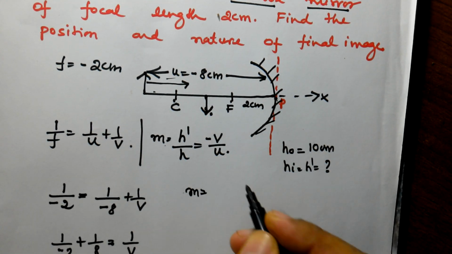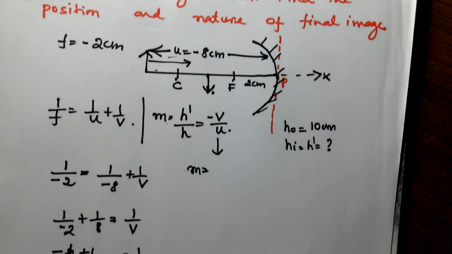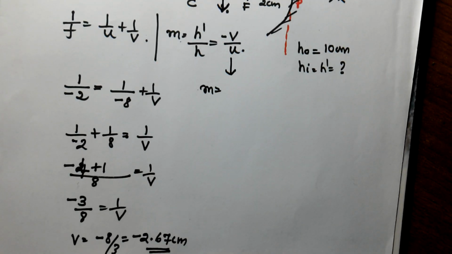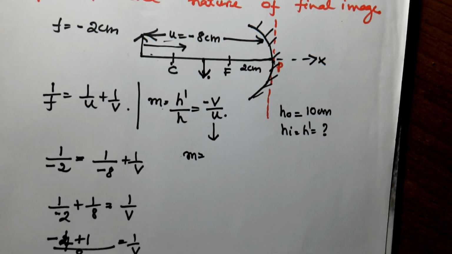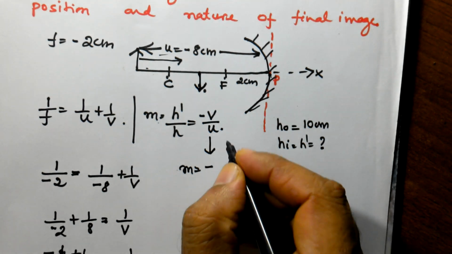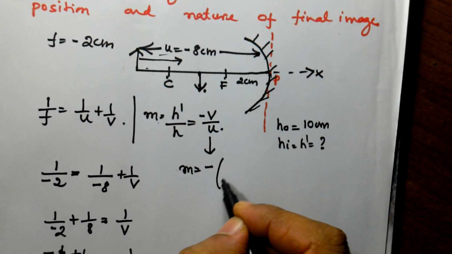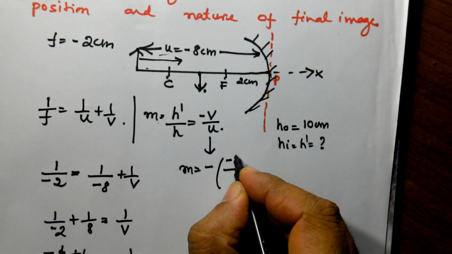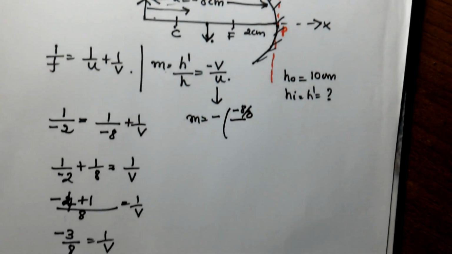M is equal to, I will use this formula, minus V by U, because we know all the data. What is V? V, I will use it as minus 8 by 3 only, okay? Because it is formed on this side, minus 8 by 3. So V minus in this formula, minus same in the formula, into V is minus 8 by 3, because we got the answer minus 8 by 3. You can see it here.